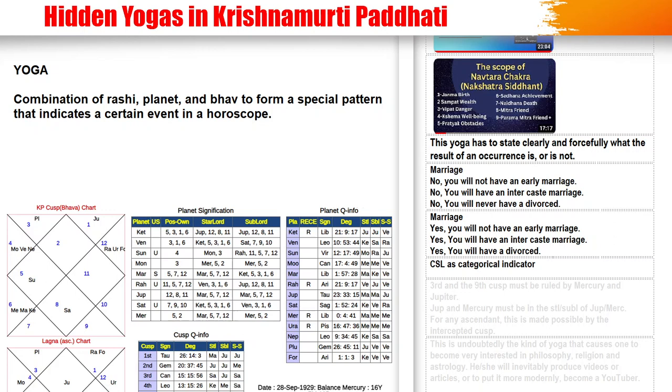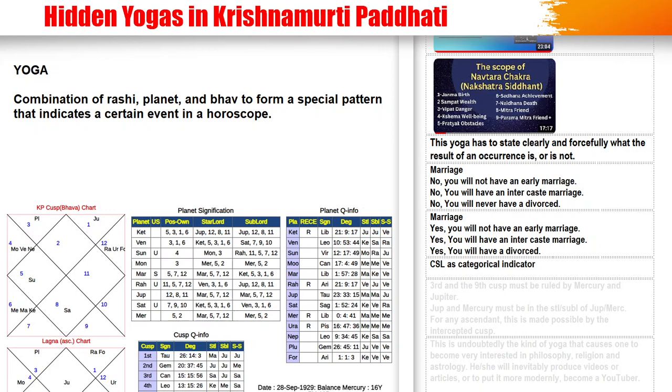So it seems to me that the role of the Cuspal Sub Lord is not as precise as it is in KP horary. I always recommend that whenever you are doing KP horary, you must make use of the Cuspal Sub Lord. But when it comes to the birth horoscope, I have very serious doubts, and many times I have gotten into an embarrassing situation because I relied on the Cuspal Sub Lord. So now I don't pay much attention to the Cuspal Sub Lord.